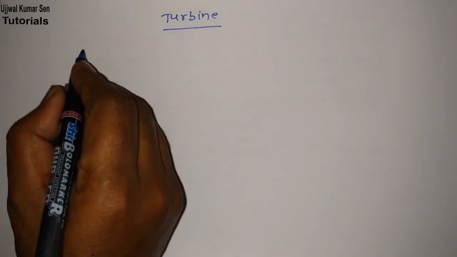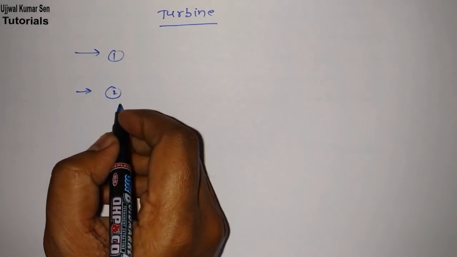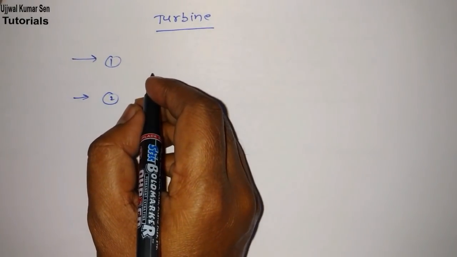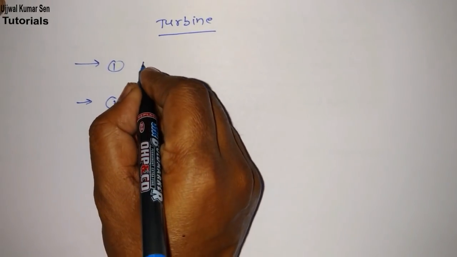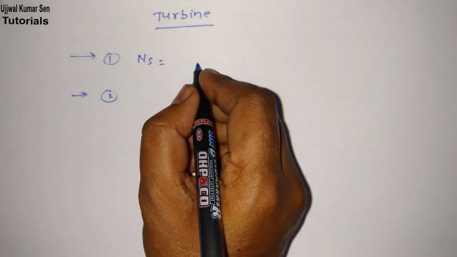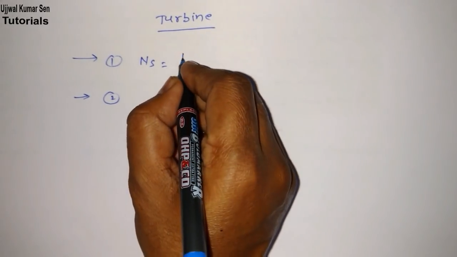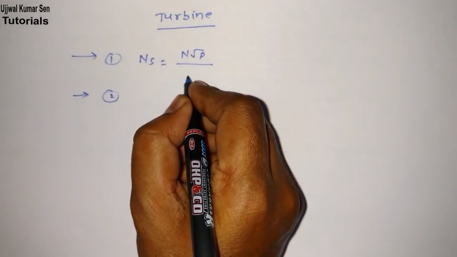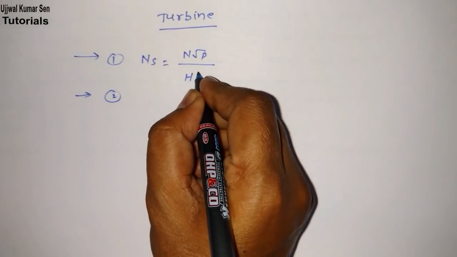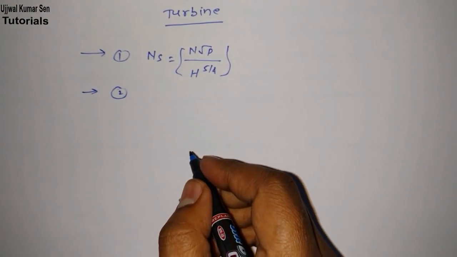We require two formulas to solve the numerical problem they asked in GATE. One is specific speed, denoted by Ns. Its formula may confuse you with pumps, blowers, compressors or fans.